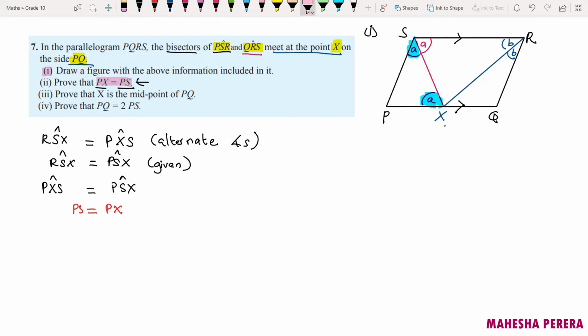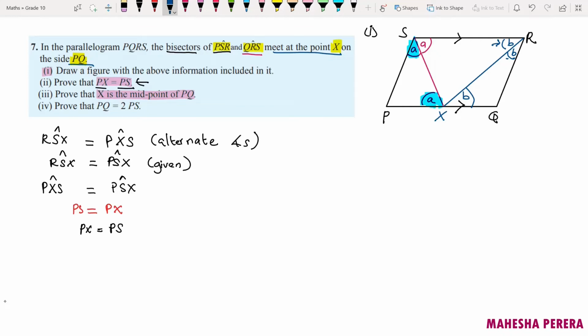Right. In the next question, we need to prove that X is the midpoint of PQ. Now here is our PQ. And you should prove that X becomes the midpoint of line PQ. Now similarly, if this angle is B, this angle should be also B. Why? Because of alternate angles, right?